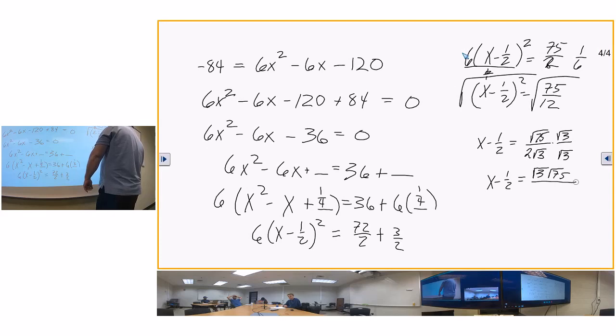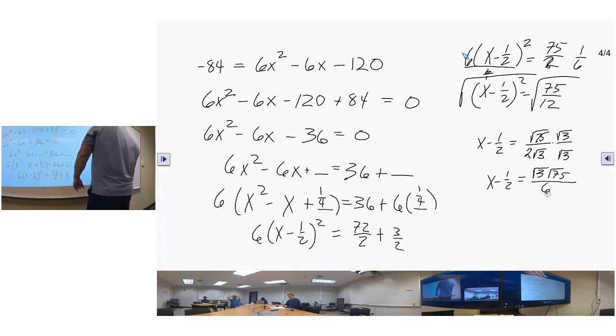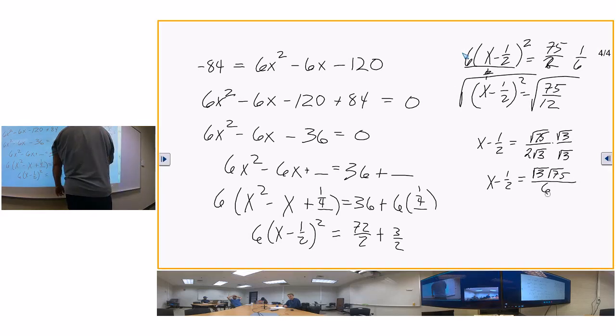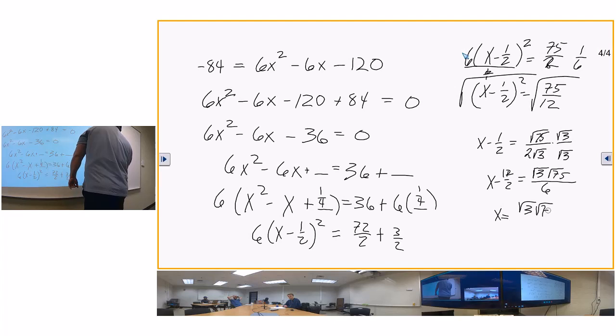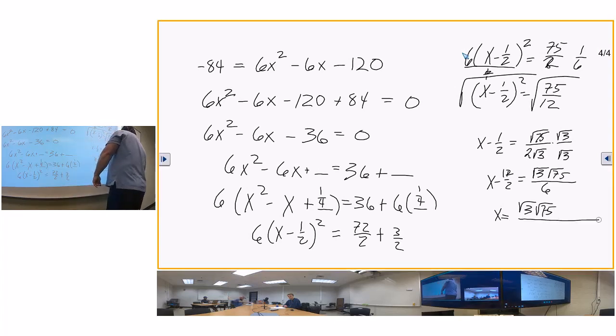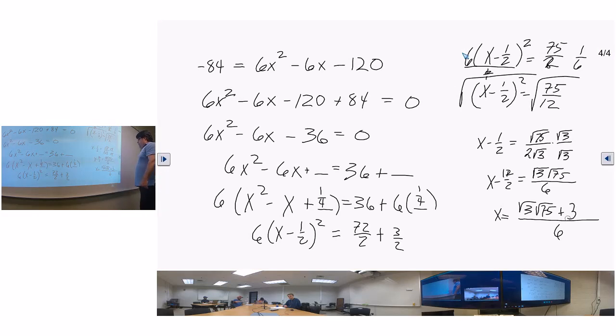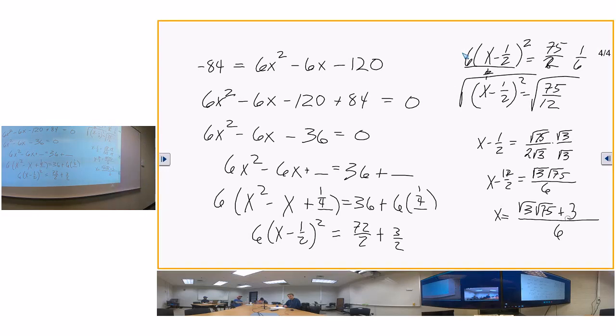So x minus 1/2 equals the square root of 3 times the square root of 75 all over 6, and I'm going to bring that over, plus 1/2, which is 3 over 6.